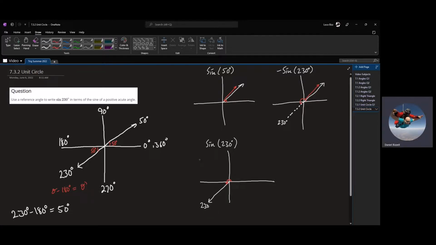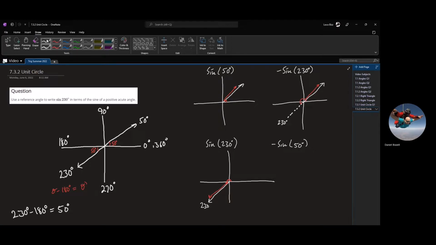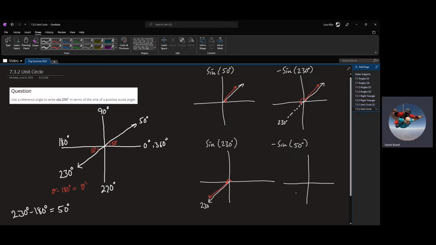And then since theta is positive, we walk in that direction. The other way we could describe the same angle is negative sine of 50 degrees. Negative sine of 50 degrees would take us to the exact same spot.